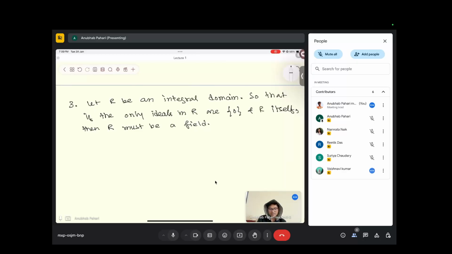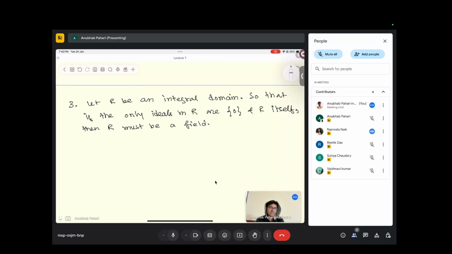We are given that these are the only ideals, 0 and R itself. So 0 has to be the maximal ideal because there is no other bigger ideal than that. So if 0 is the maximal ideal, then R over 0 is a field.